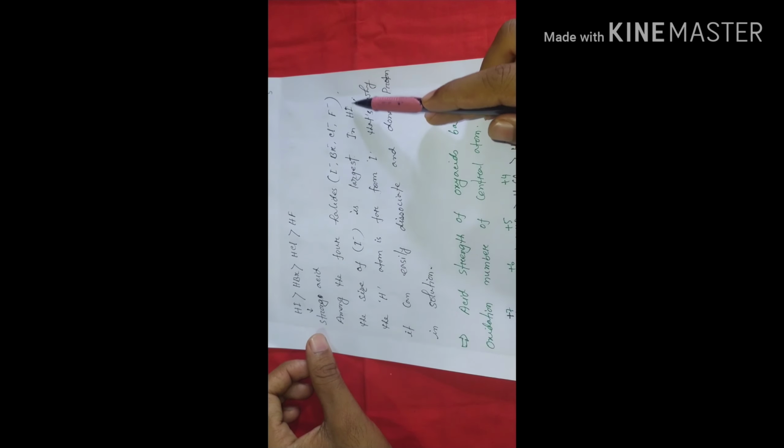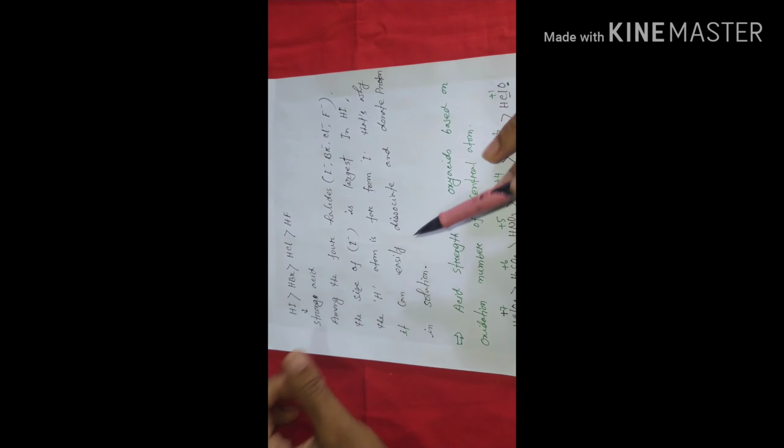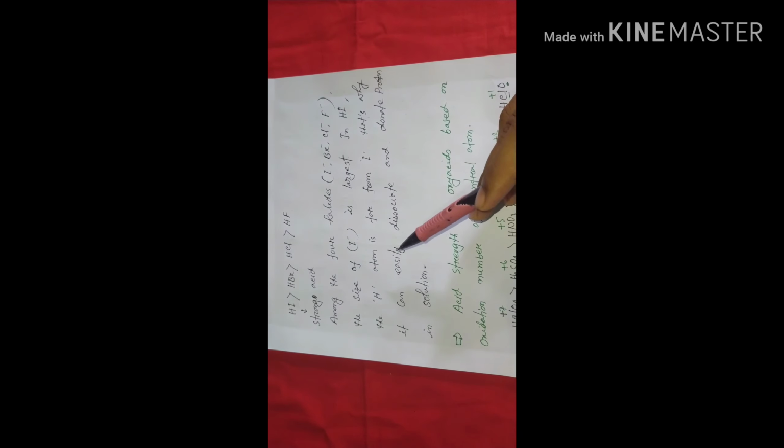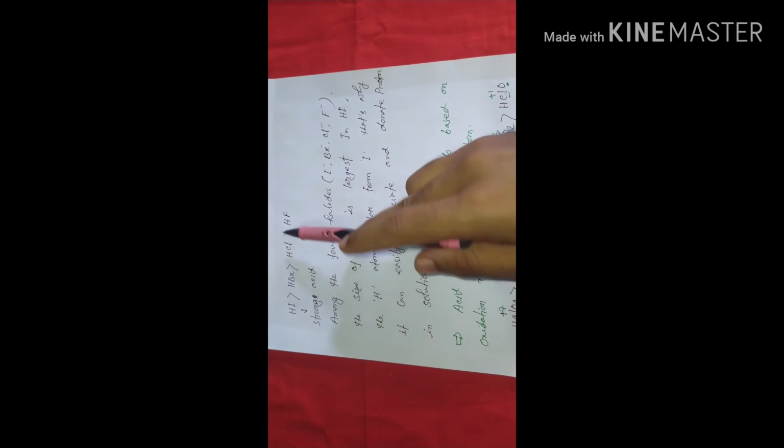In HI, the hydrogen atom is far from iodine. That's why it can easily dissociate and donate proton in solution. We know the substance that dissociates fast and donates proton easily will be stronger. So that's why HI will be the strongest acid.